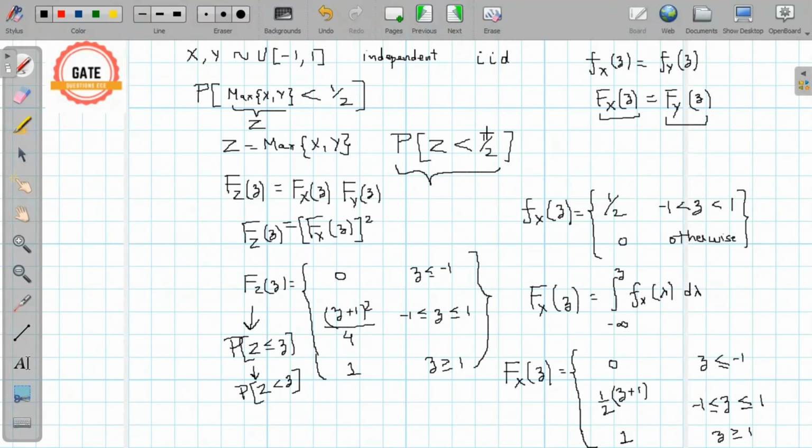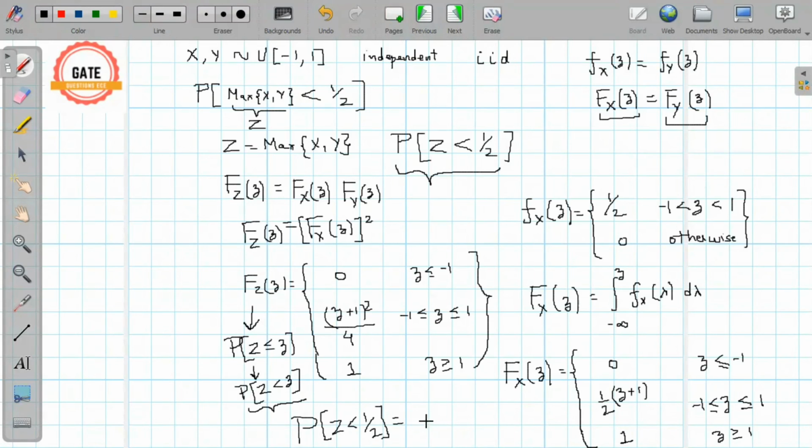You can compare these two expressions and observe that this probability is the probability that capital Z is less than or equal to 1 by 2. So the sample value small z here should be 1 by 2. So by putting small z as 1 by 2 in this expression, you can find out the probability.